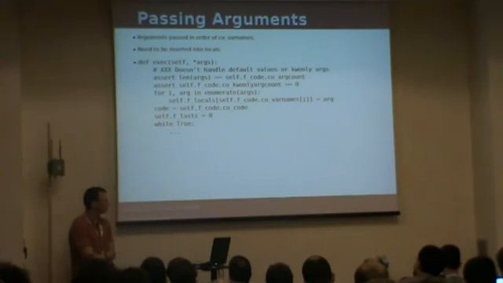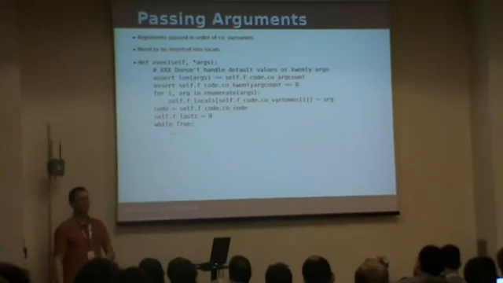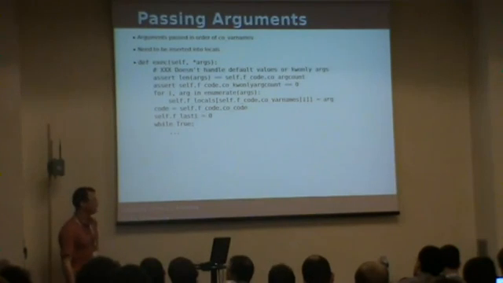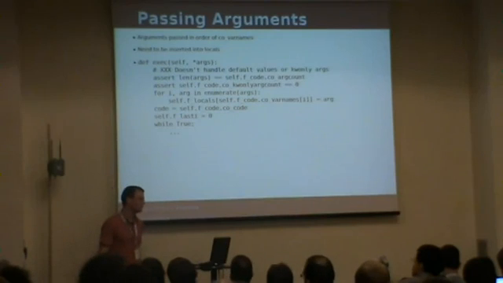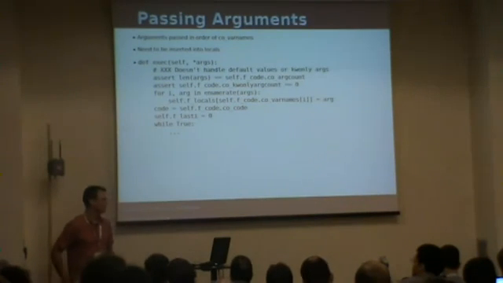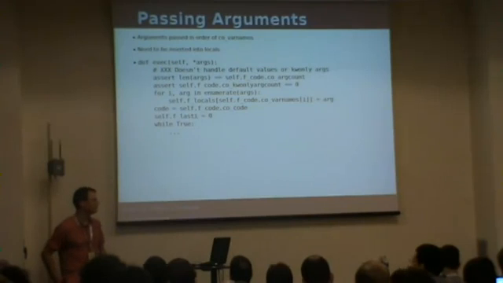The code object tells you what your argument count is. In this case I decided to want the arguments passed into my exec method here, so I'm checking that they're fine.